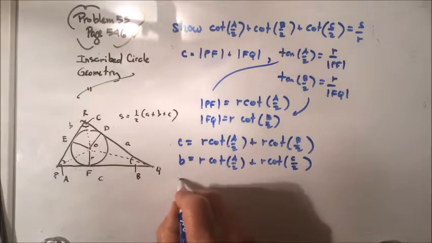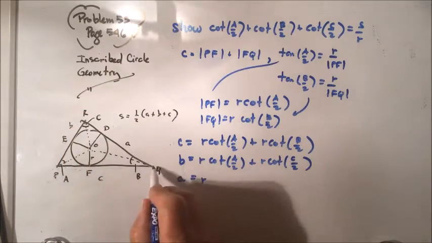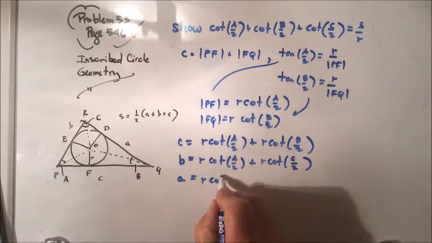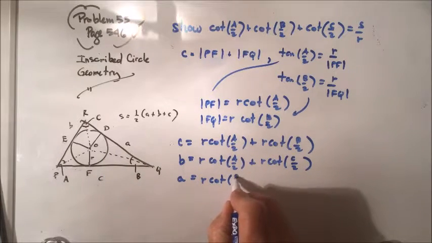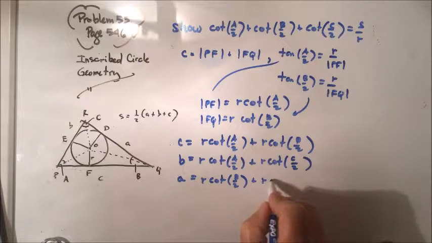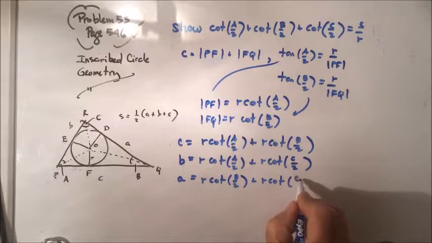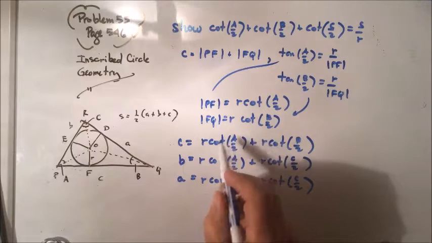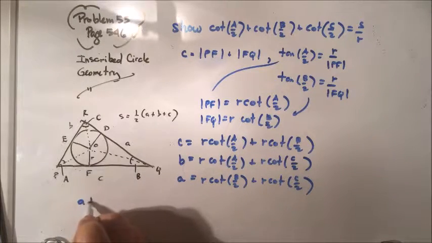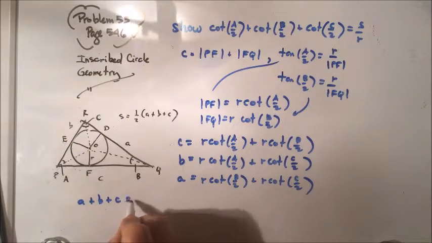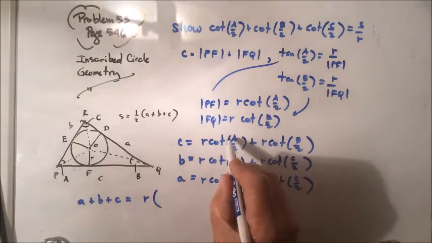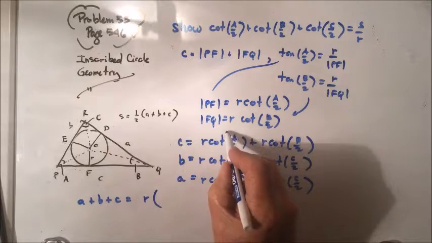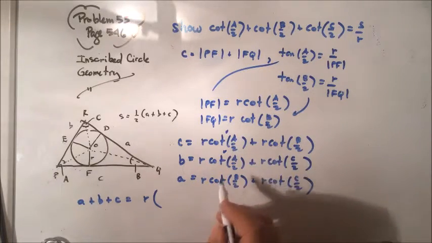So I've done this side and this side. Now let me go to side A, and I'm going to get R, between angles B and C, cotangent B over 2 plus R cotangent C over 2. Okay? Let me now add all of these together and look to see what we're going to get. We're going to get A plus B plus C is equal to, everybody's got an R. There's a cotangent A over 2 and a cotangent A over 2.